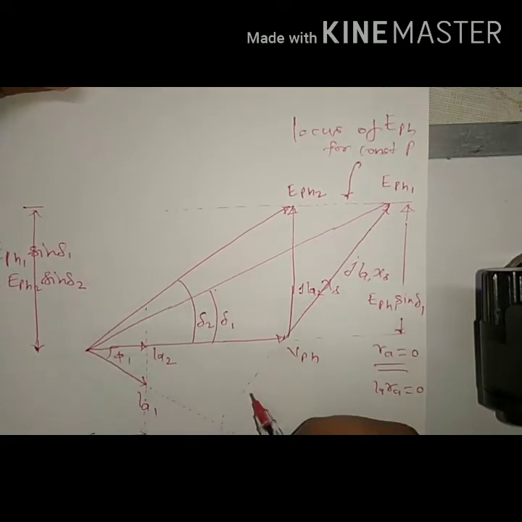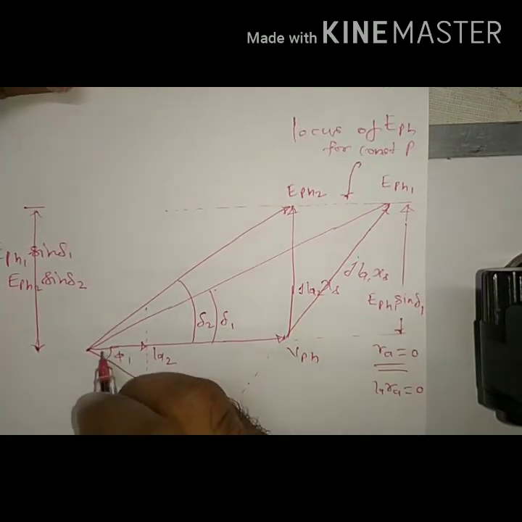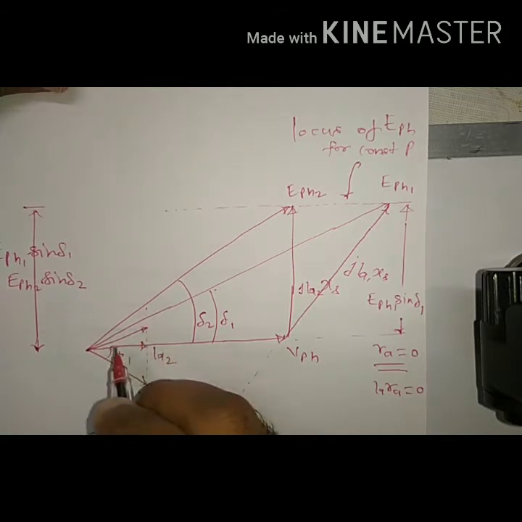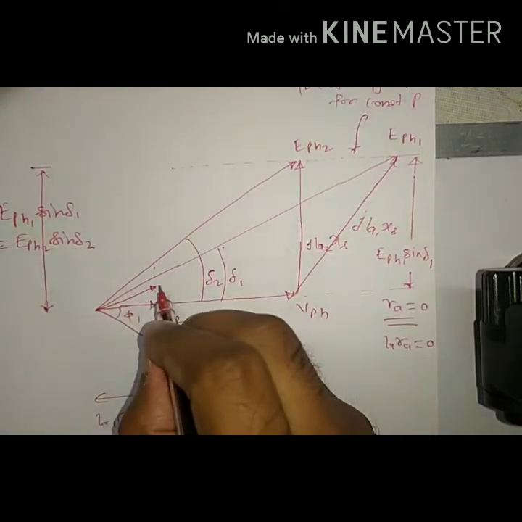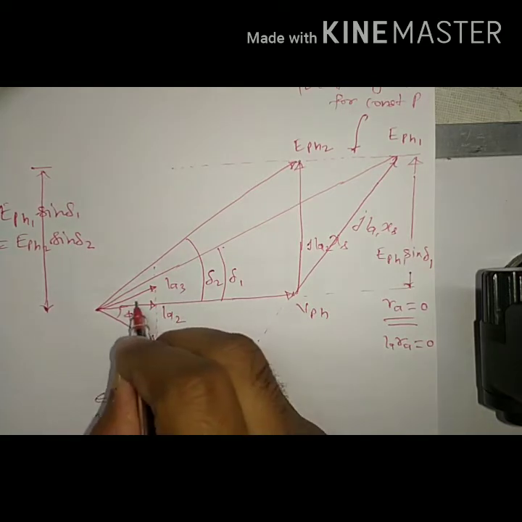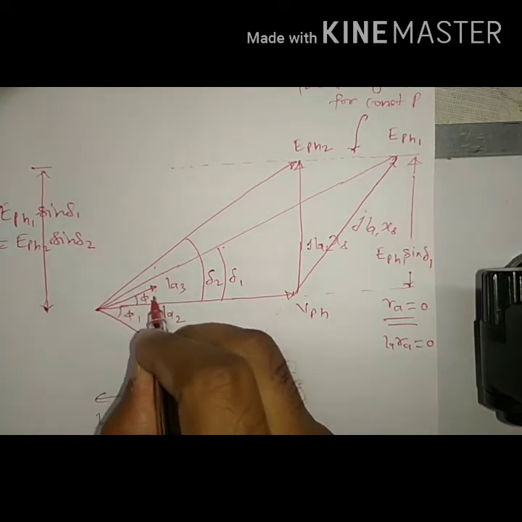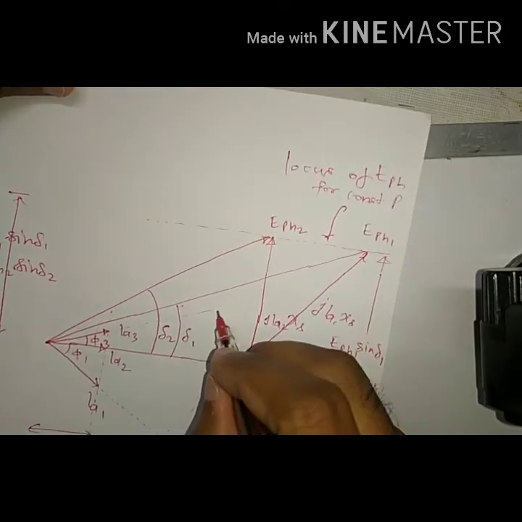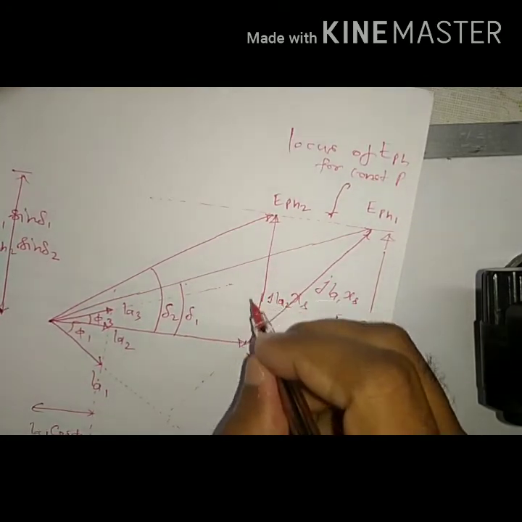Now if I take leading power factor, say this is I_A3 and this angle is phi 3. So corresponding I_A X_S drop will be perpendicular to this dotted line.